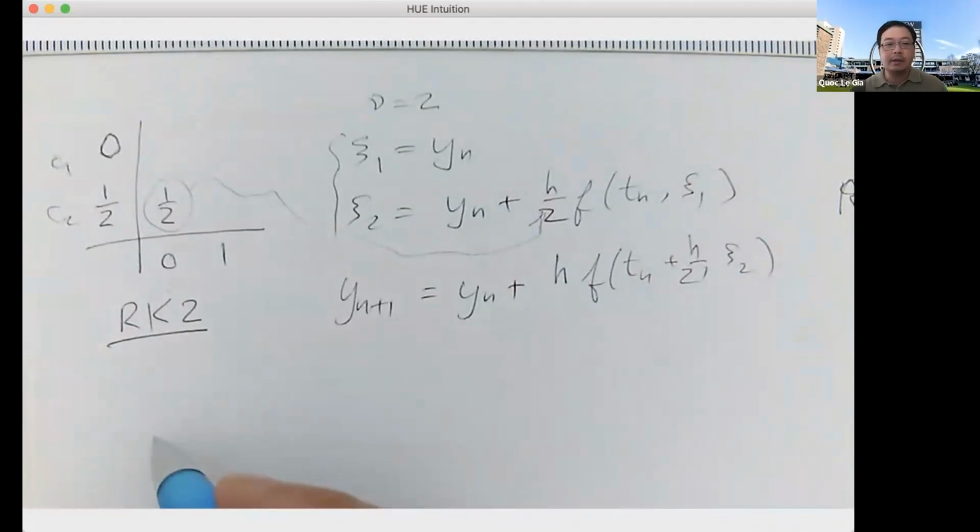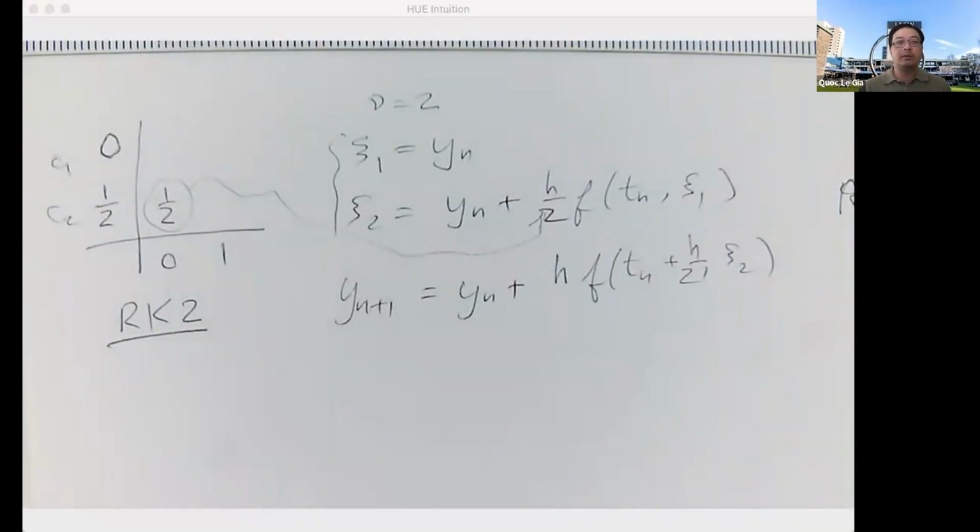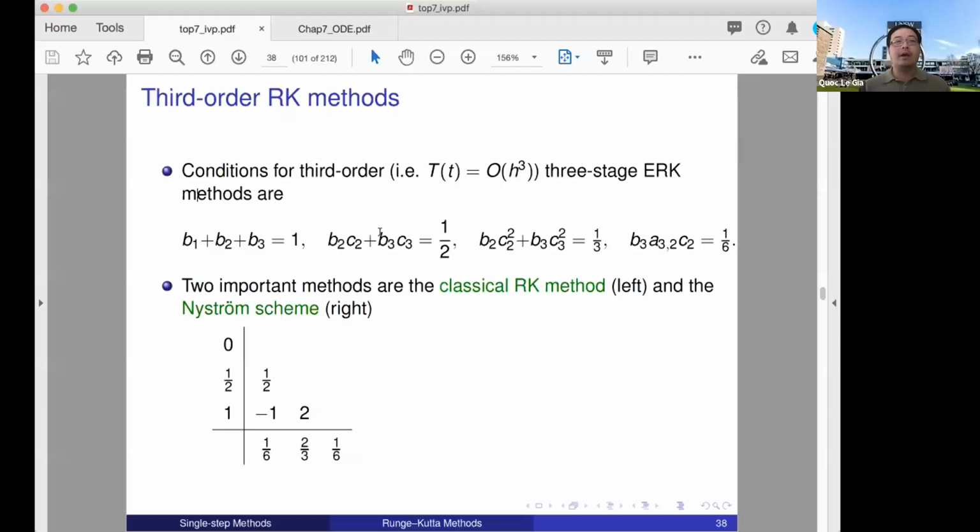This one is in the lectures, so go back to the lectures. Suppose I have a table of a Runge-Kutta method of order 3.